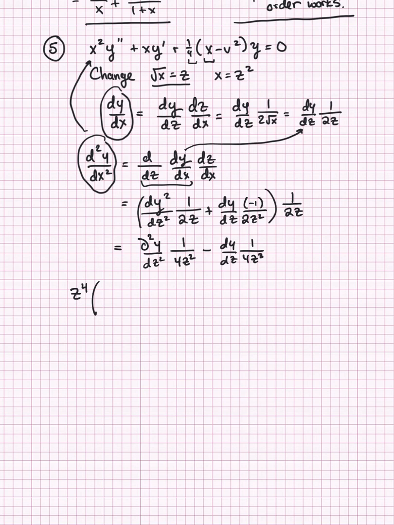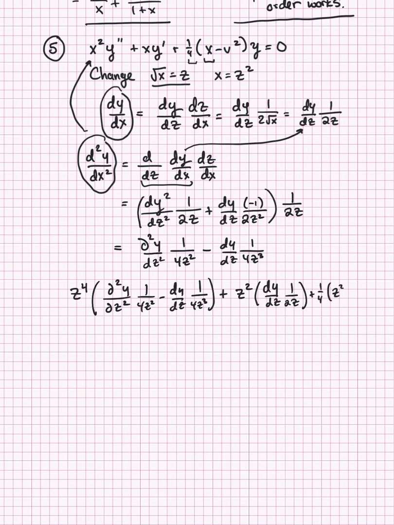Then I get the second derivative, d squared y/dz squared, 1 over 4z squared, minus dy/dz 1 over 4z cubed. Then we have x, which is z squared, times dy/dx, which is dy/dz times 1 over 2z.